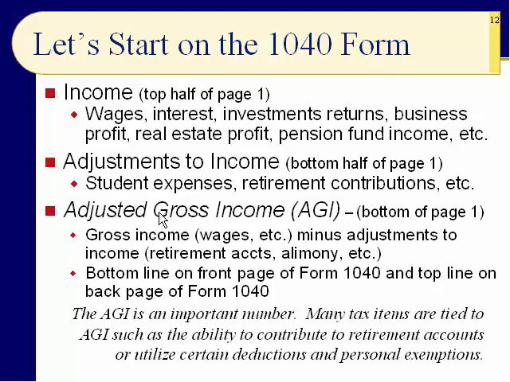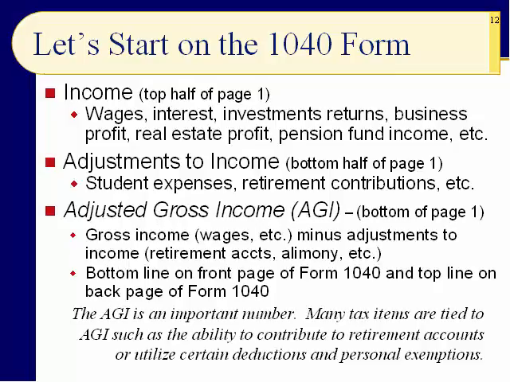And it turns out we're going to move that to the top of the next page. And this adjusted gross income is a very important number. You should really know and understand this, because many tax items are tied to the adjusted gross income, such as the ability to contribute to personal retirement accounts or use certain deductions and exemptions, medical and the like. So know that adjusted gross income.